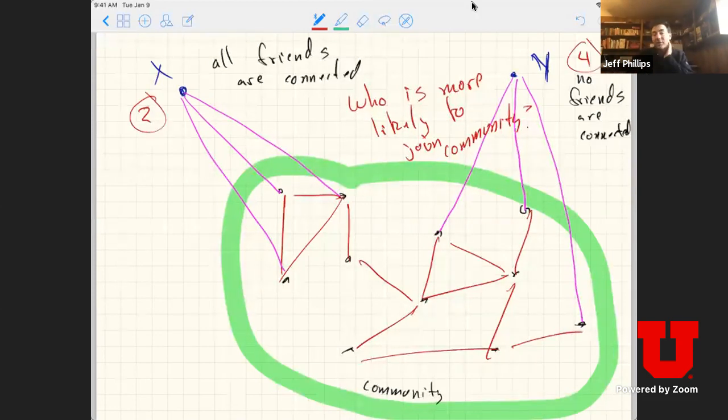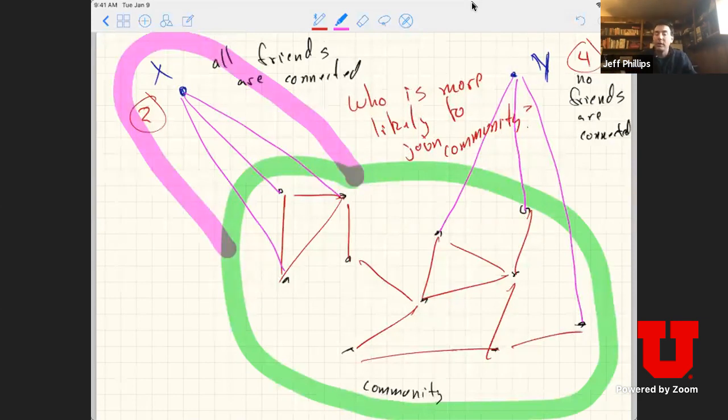So it turns out that now that we have these social networks and we can see how they're forming, we can have these communities like a Facebook group where people jointly chat about something, and we can see, if they have these statistics, who is more likely to join? And it turns out the answer is Xavier.